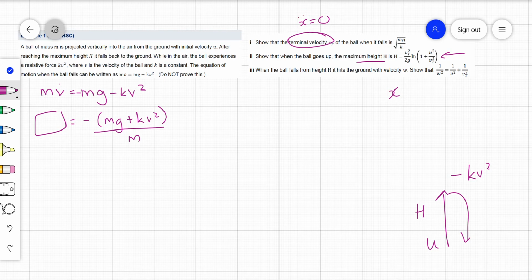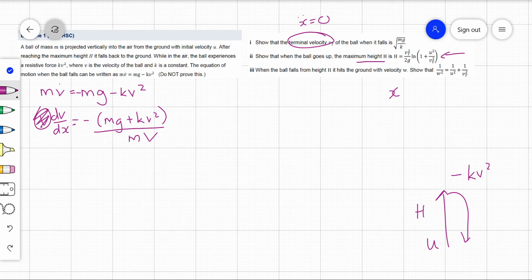So I've got x and v, so I'm going to go with v dv/dx here for acceleration. So let's go with v dv/dx. Now I probably want to divide through by that v.